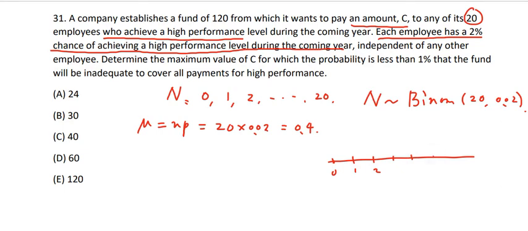The highest is around 0.4. Then the probability goes down: n equals 1 here, n equals 2, n equals 3. So the probability for n equal 1 is larger than the probability for n equal 2, like this, right?